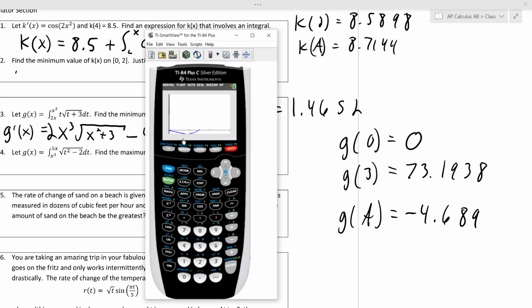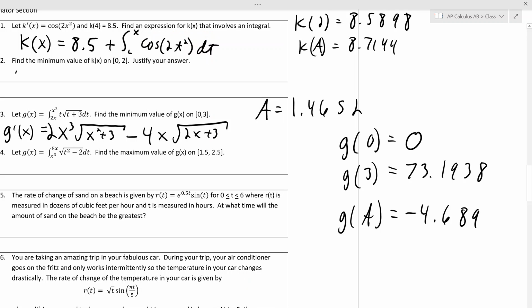So the area in that hump is negative 4.689. That's how much we decreased. But then it goes so far up, up to 50 right now, that the positive area is like 77 something. That's why it increases so much before it gets to 3. That's why g of 3 is so big.